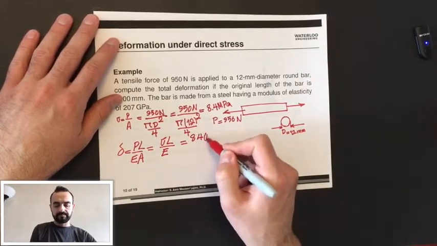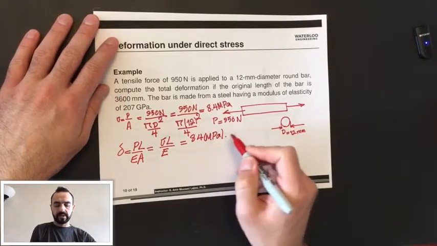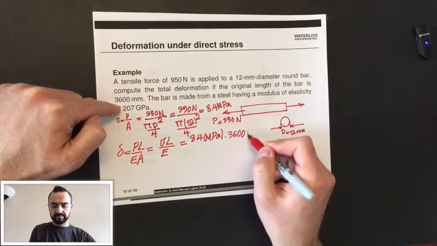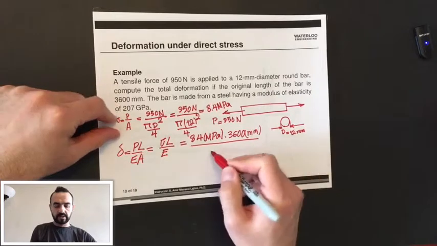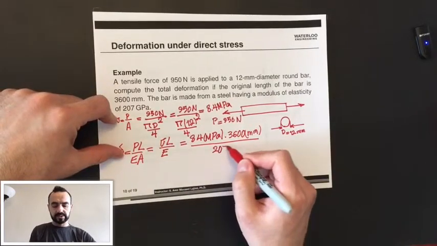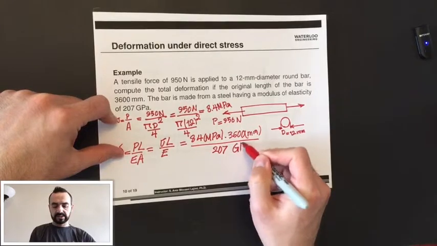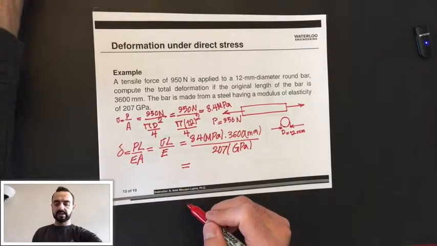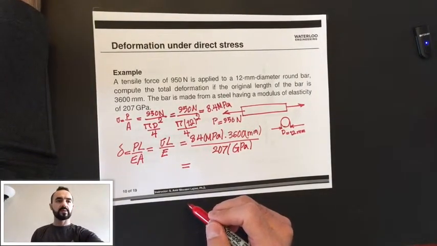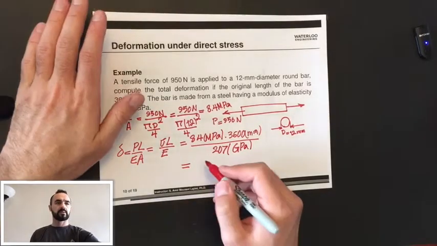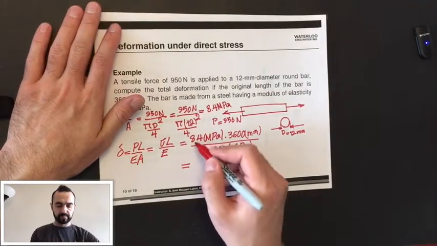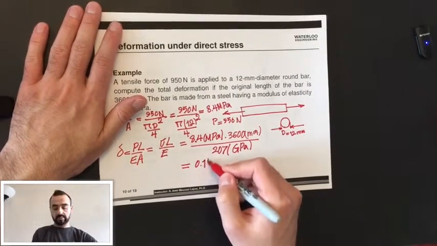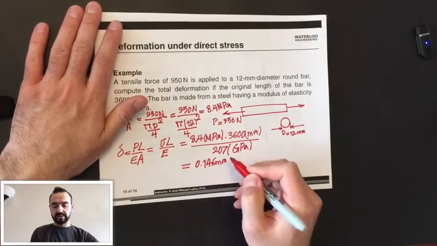You have sigma, you have initial length 3600 millimeter, and you have elastic modulus 207 gigapascal. So the elongation you get is, let me see, I had computed this number before, 0.146 millimeters.